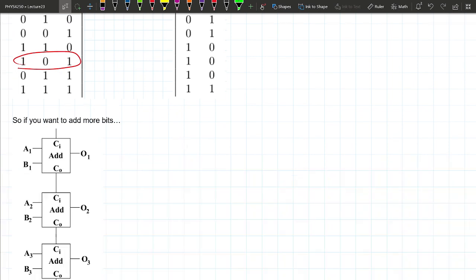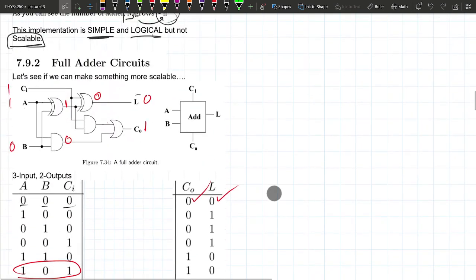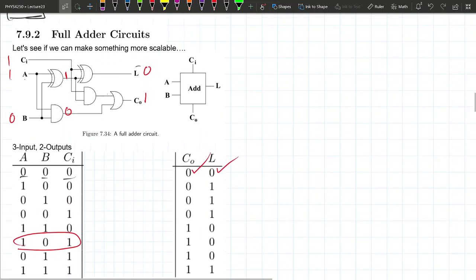Oops, let me do that right. The XOR, yeah, that should be 1. This should be 0. Oh yeah, okay.